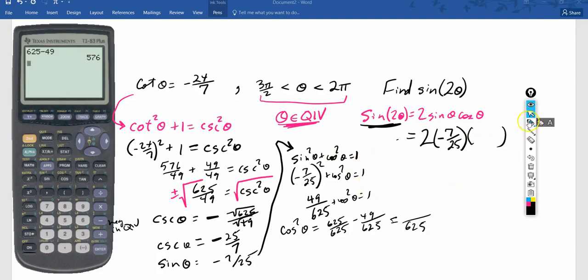And so I take square roots of both sides. I get plus or minus. But we're in quadrant 4, and in quadrant 4, cosine is positive.